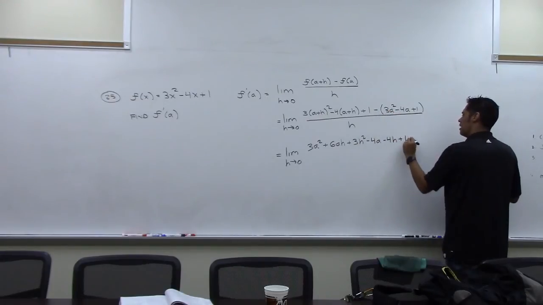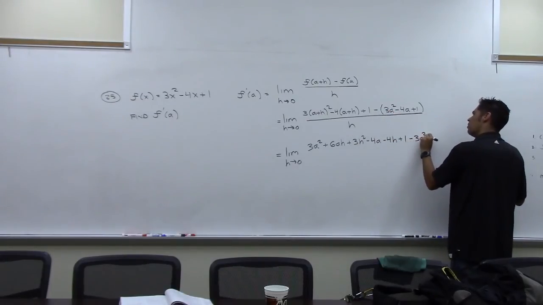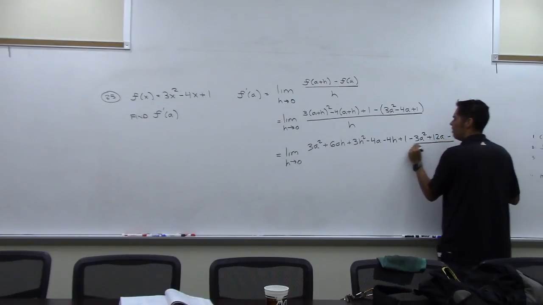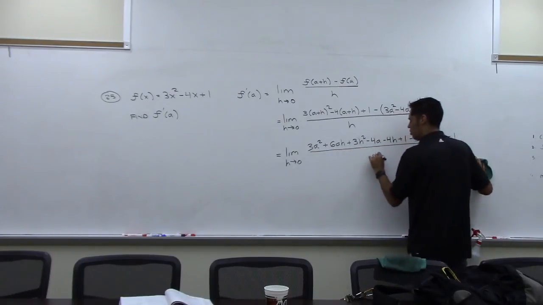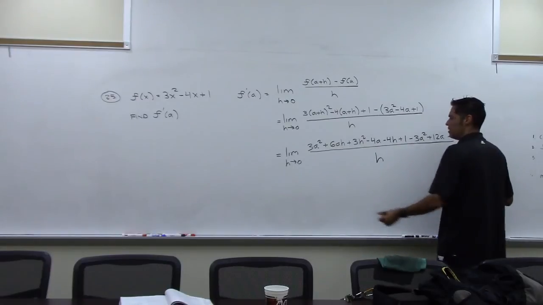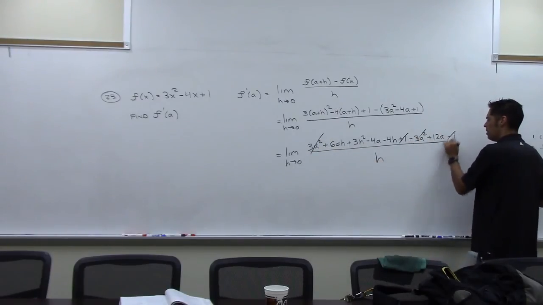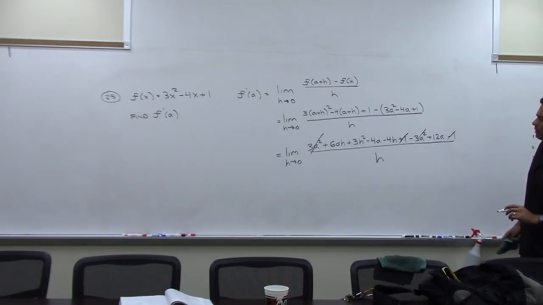And then distribute your negative through, negative 3a squared plus 12a minus 1. All of that over h. Yeah, I think this way's a lot easier. Here's gone, 1's gone. Yes, yeah, that looks good. Everything that's left has an h.